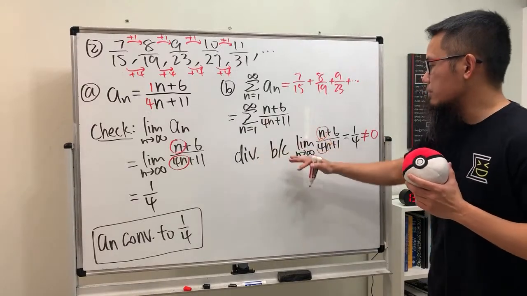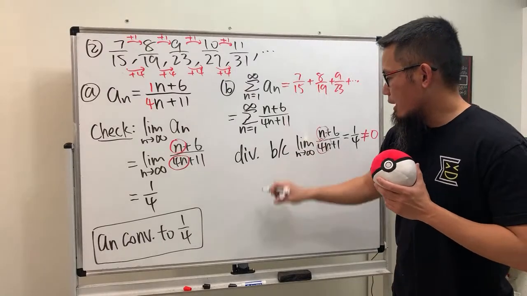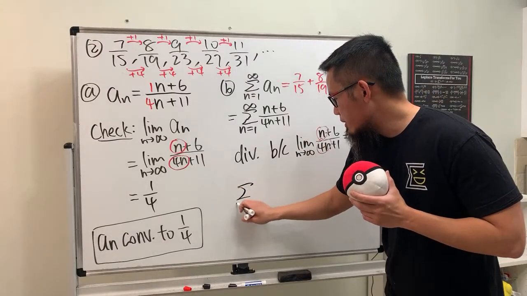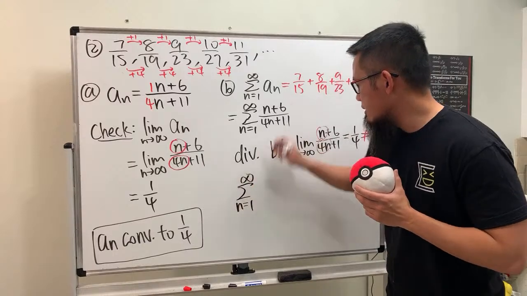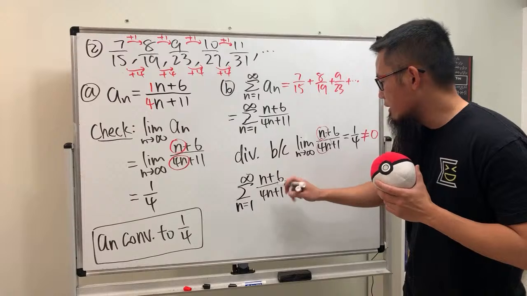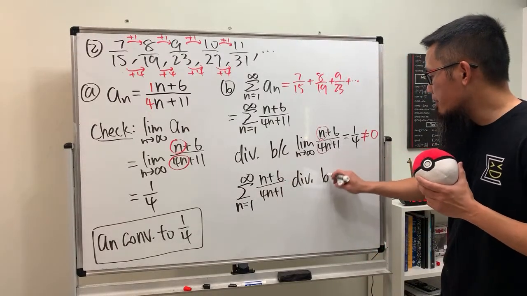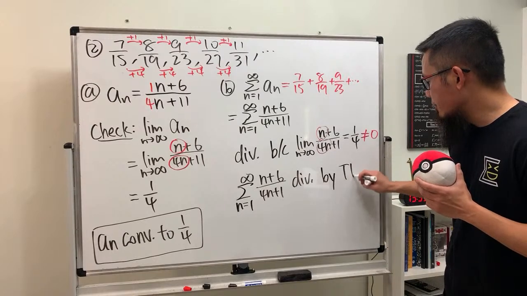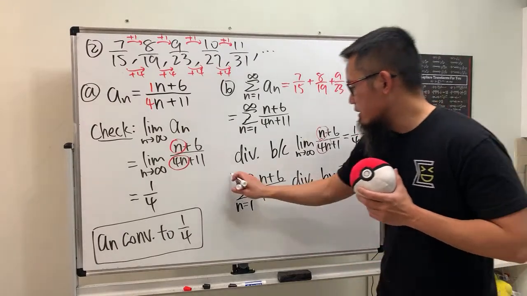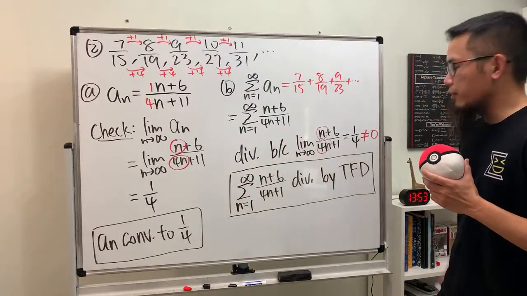This right here diverges because this limit is not equal to 0. So right here, I'll just say the series from n equals 1 to infinity diverges, and we can just say by test for divergence. So this is how you can write down your reasoning for that.